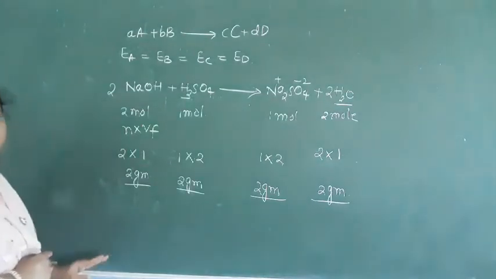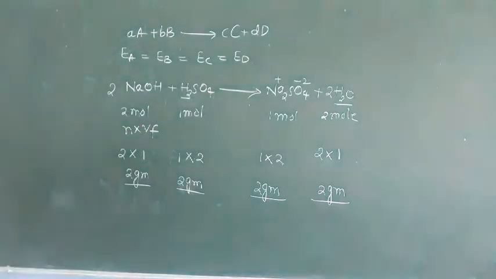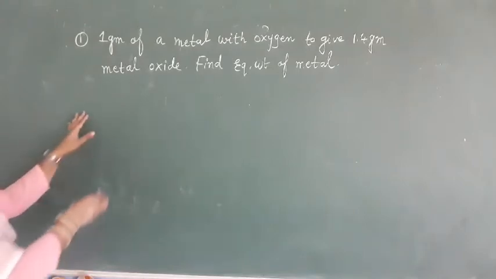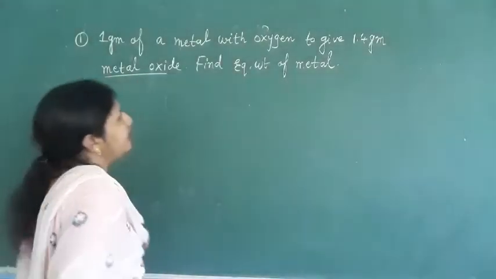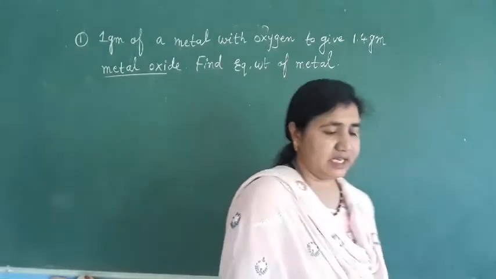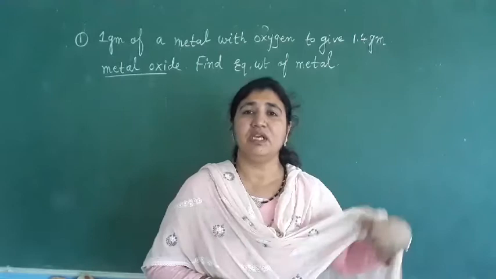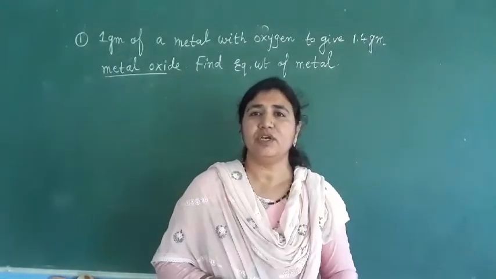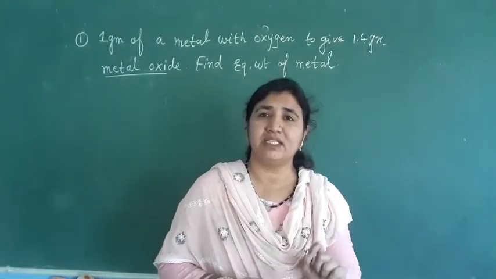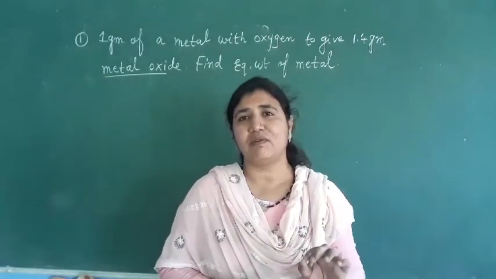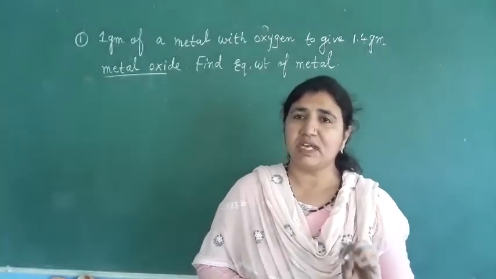How we can solve the problem, we will see now. See the question here: 1 gram of a metal reacts with oxygen to give 1.4 gram of metal oxide. Find the equivalent weight of the metal. By using this equivalence law, there is no need of a balanced equation. Without balancing the equation also we can solve the problems.